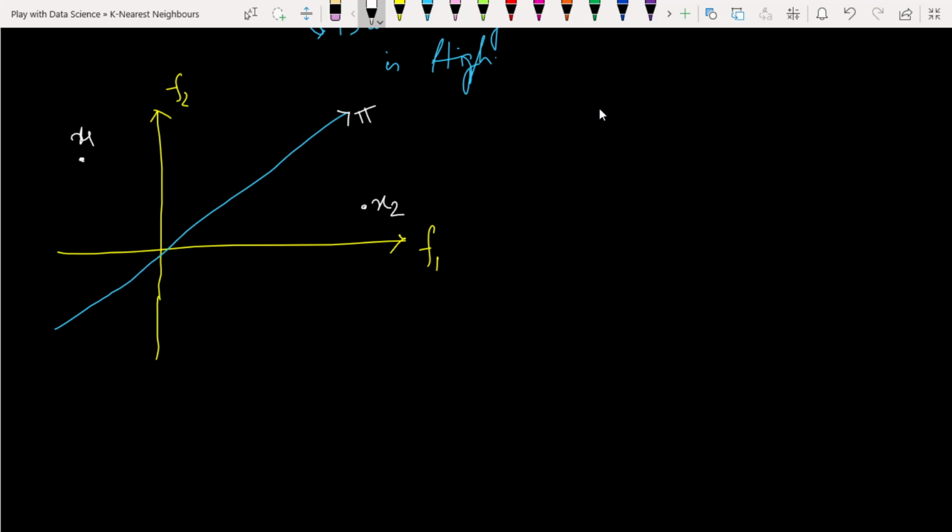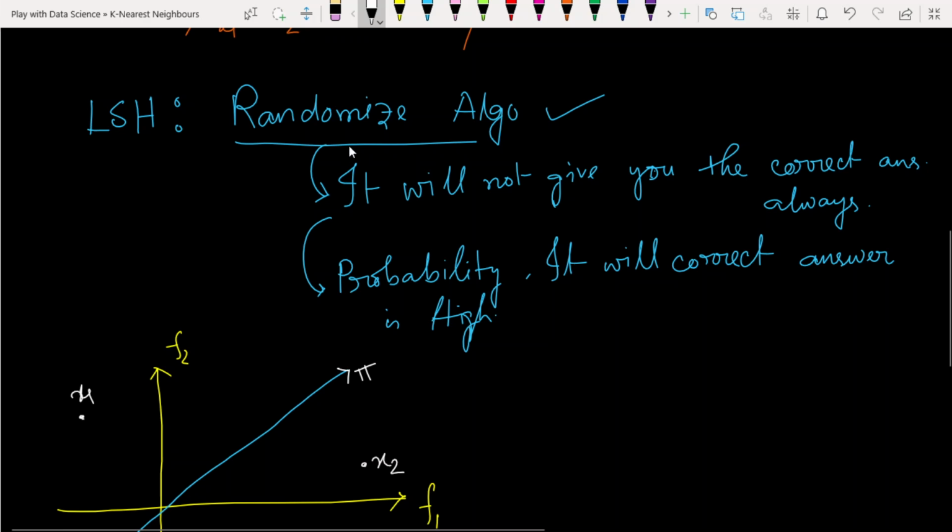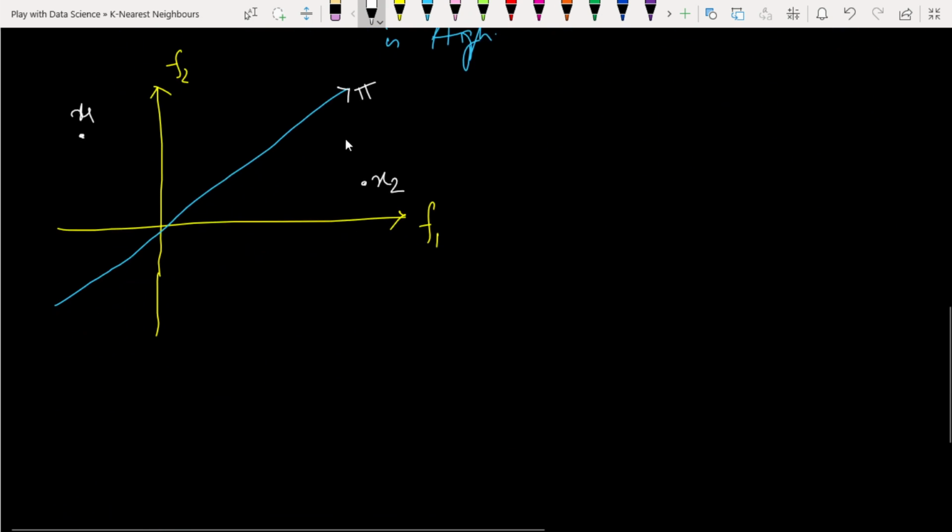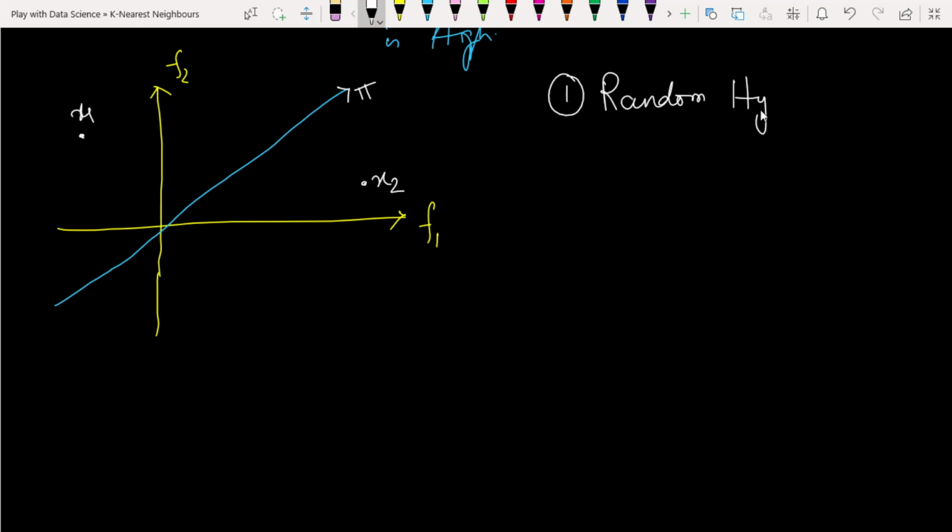So the first concept: this is the randomized algorithm, because here we have selected this plane randomly. Let's assume this plane is passing through the origin.